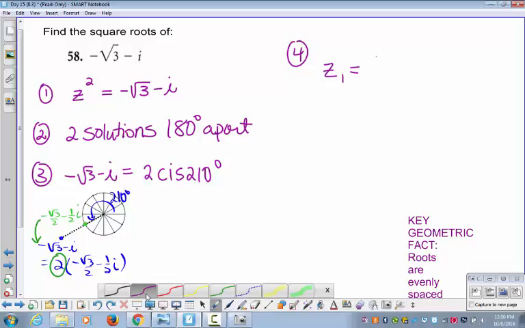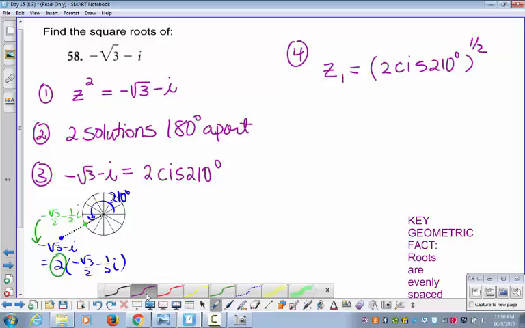So we take our trigonometric form, 2 CIS 210 degrees, and take the square root of it. So that will be our first solution. Our first solution will be whatever that exponent is, the corresponding root. So if that was a 5, we'd have the 5th root up there. If it was a 10, we'd have the 10th root. A 4, we'd have a 4th root. So we're going to take the root of the right-hand side in trig form.